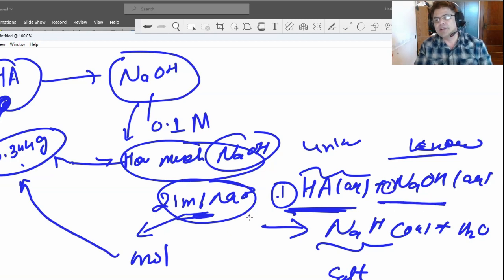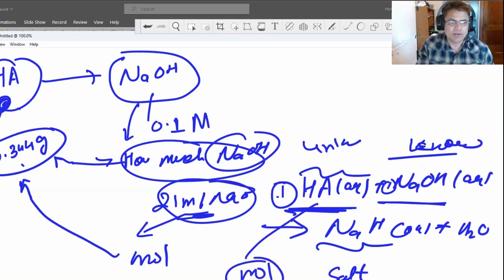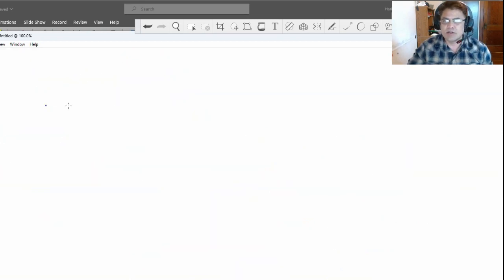Using that relation, we find how many moles of the unknown reacted. When we know the moles and the grams, we get the molecular mass in grams per mole, and we compare that to the list we were given.